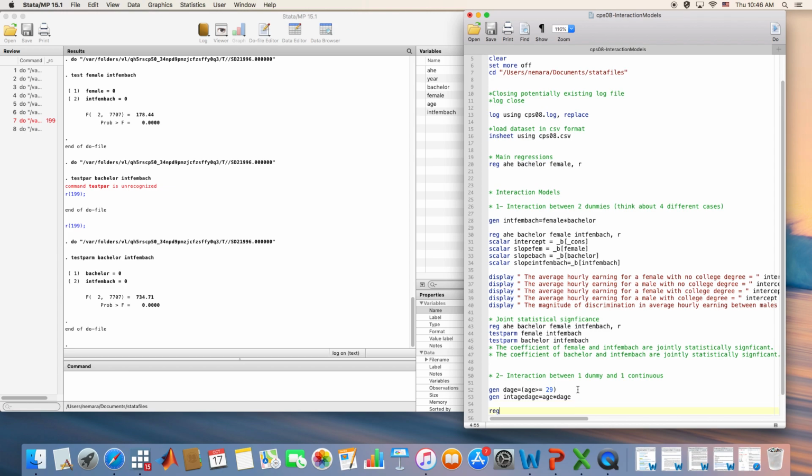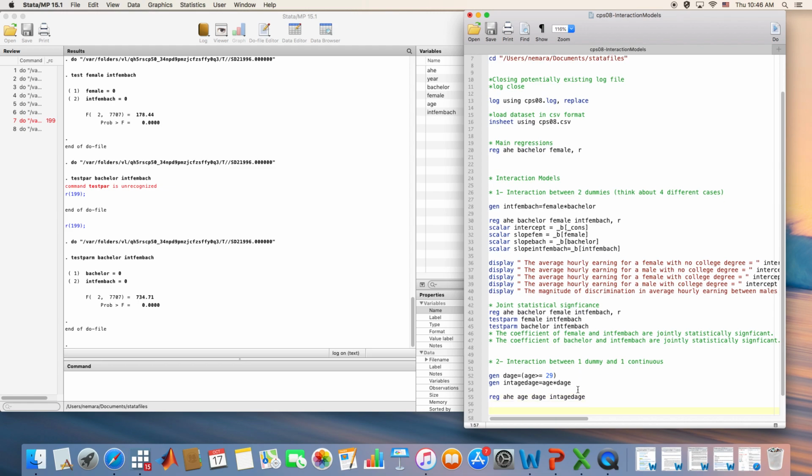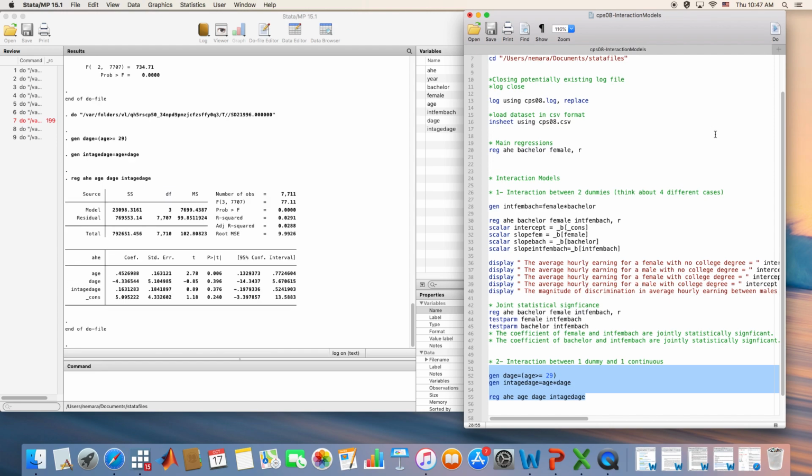Let's have this regression of average hourly earning on age, dh, and the interaction between age and dh. Let's have this simple model, okay? And let's run it. We have generated this variable, we have generated its interaction, and we have regressed. The variable generated is dh right here.